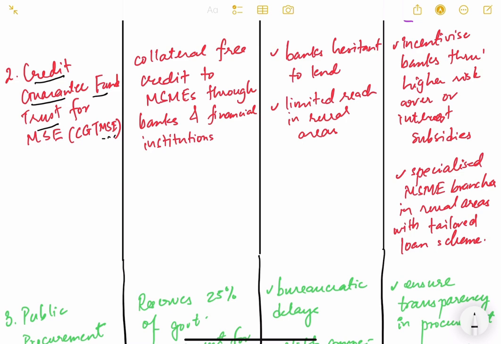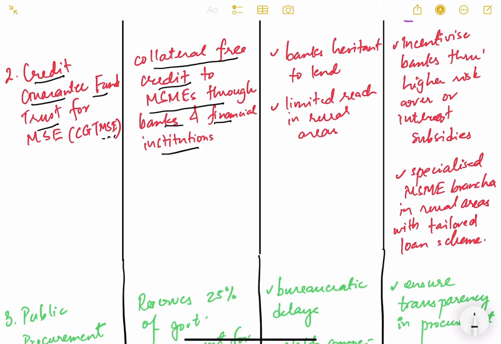So basically it means that it is a kind of corpus fund that the government has created, which will provide collateral free credit to MSMEs through banks and financial institutions.